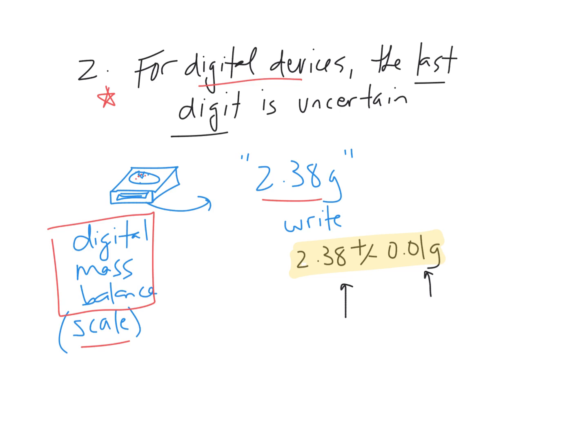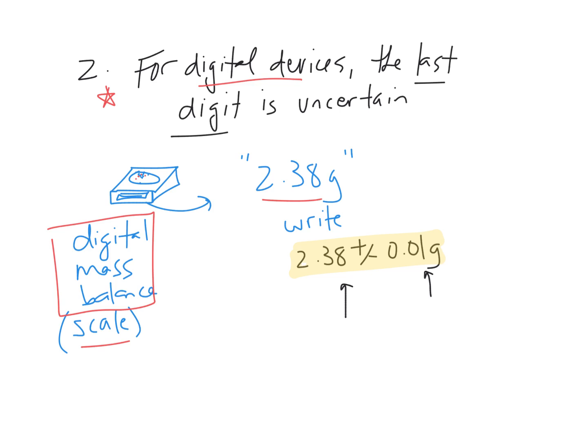Now I say at least because sometimes the reading from a digital mass balance will kind of fluctuate. It'll say 2.37, 2.38, 2.39, 2.41, 2.3. You know how it doesn't come to rest very easily, and this happens naturally because there can be some fluctuation, and there can just be general imprecision in the device.